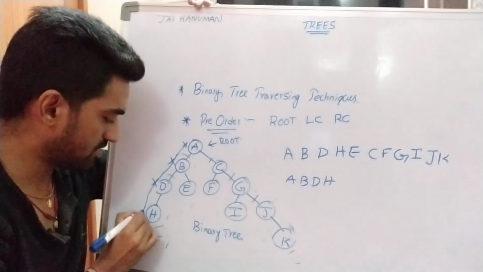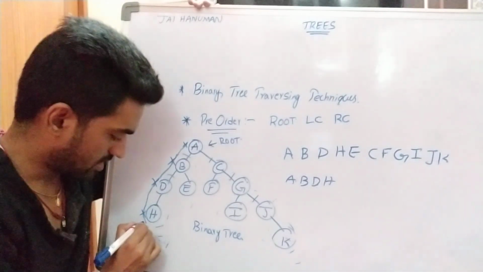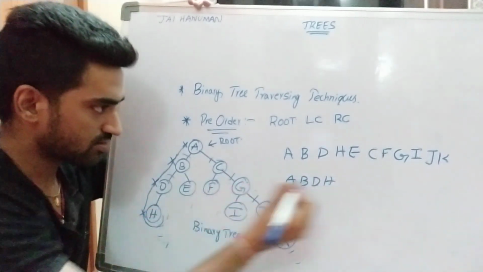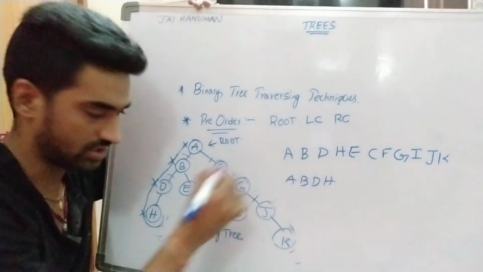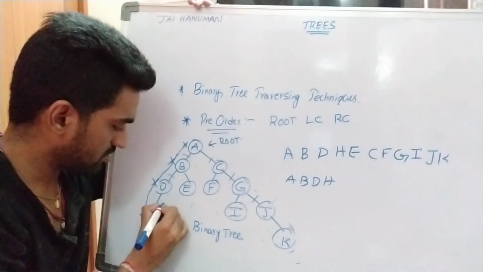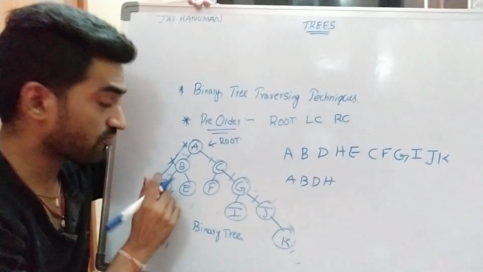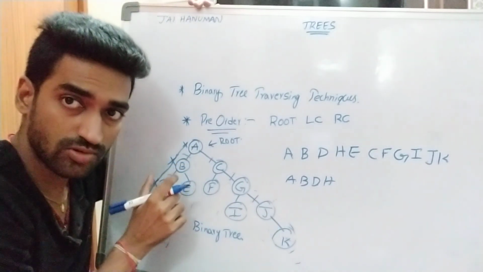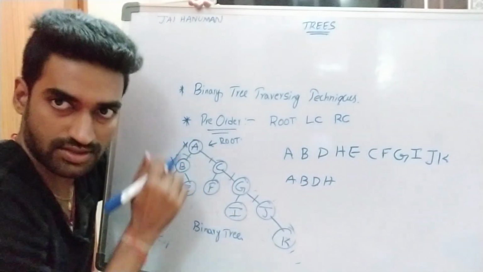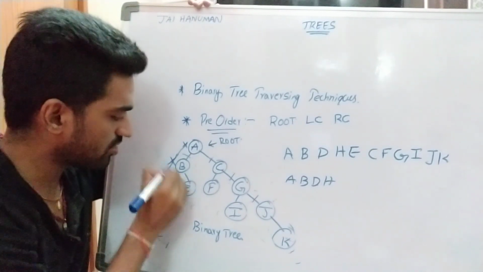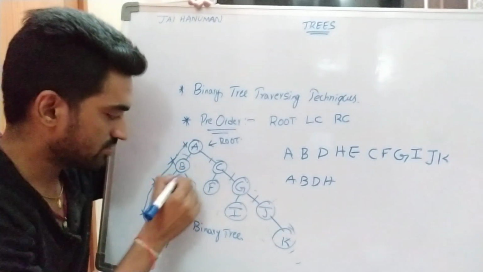Again we are visiting H. So H is already visited, so there is no need to write H again. So again D is visited, so D is already visited. So first-time visited nodes are written first, right? So then B is visited. So B is already visited, so there is no need to write this one.